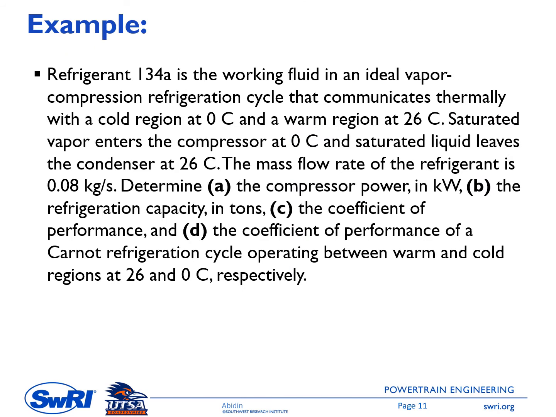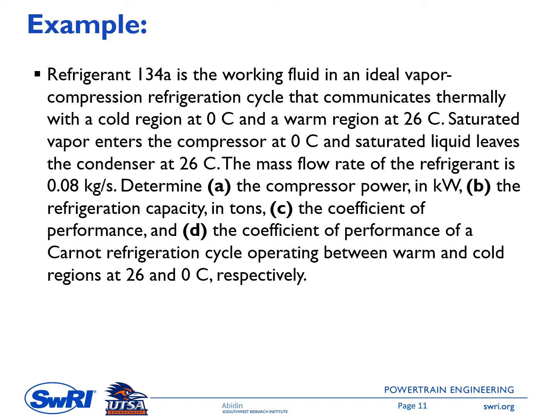Okay, let's have a look at this example. Refrigerant 134a is the working fluid in an ideal vapor compression refrigeration cycle that communicates thermally with a cold region at 0 degrees C and a warm region at 26 degrees C. Saturated vapor enters the compressor at 0 degrees C, and saturated liquid leaves the condenser at 26 degrees C. The mass flow rate of the refrigerant is 0.08 kg per second.